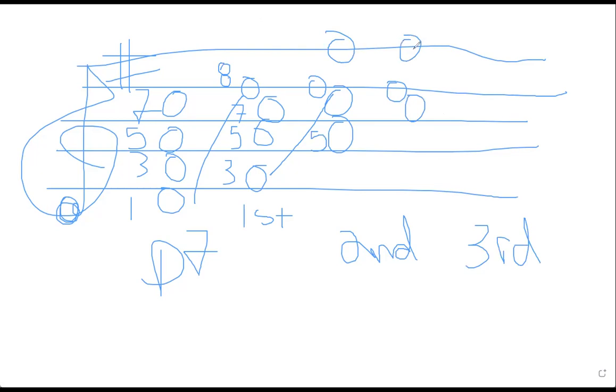This is the third from the previous inversion. So the fifth is going to be raised up an octave now. What is the fifth? An A. So the A is on the line. So that's how your third inversion is going to look.